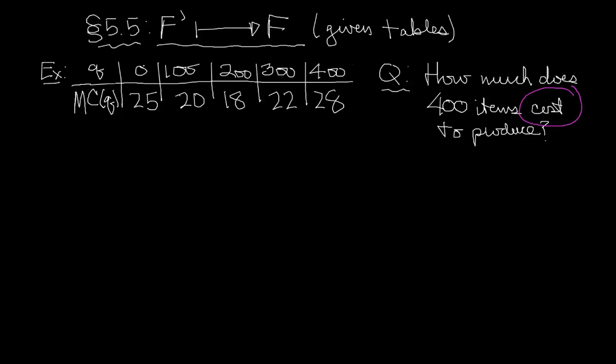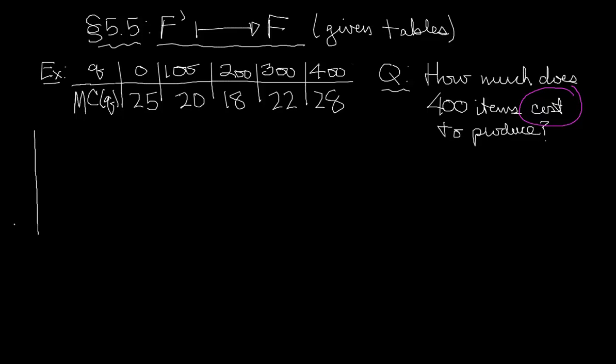We only know the cost of the first item, the 101st item, the 201st item, the 301st item, the 401st item. So how are we going to get the cost of the first 400, just knowing that information? The best way to do these kinds of problems is to actually turn the table into a graph.